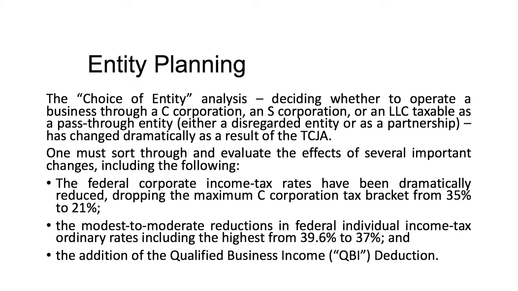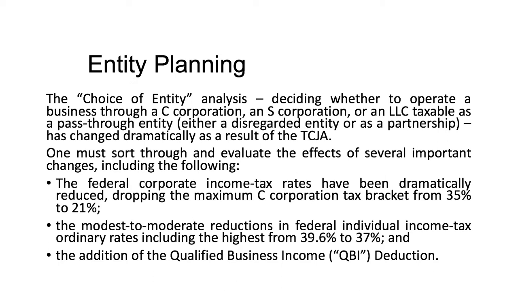Also, maybe step up basis rules under Section 1014 with estate planning concepts with respect to retaining your earnings in the corporation. Also, financing, because some venture capital and angel investors prefer you to be in a C corporation, so it's easier to get financing and it helps them with tax issues. Those are the kinds of reasons why you might take advantage of a C corporation over an S corporation or LLC.